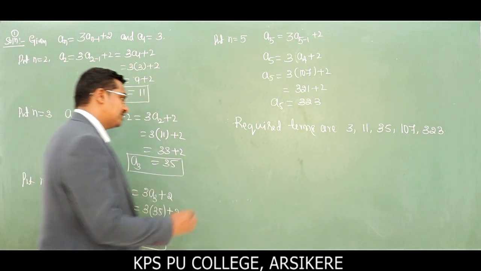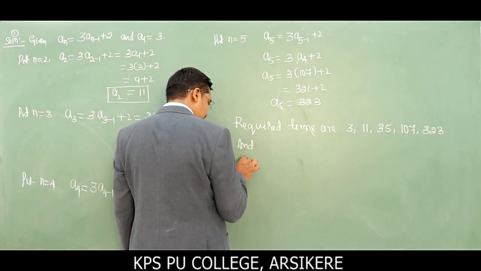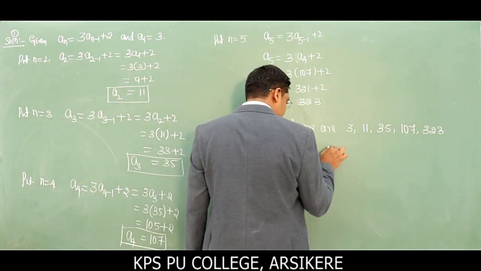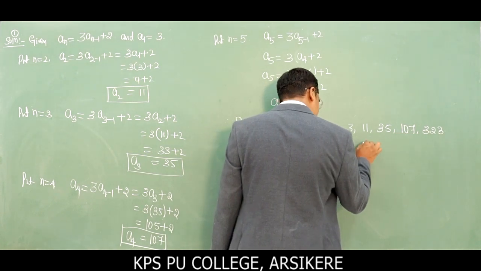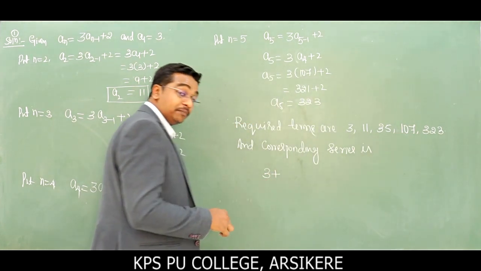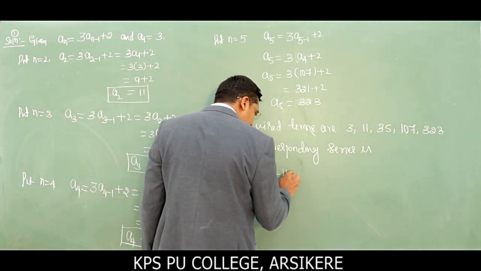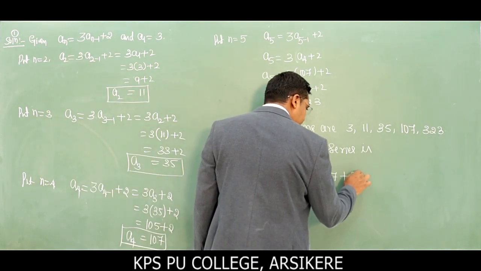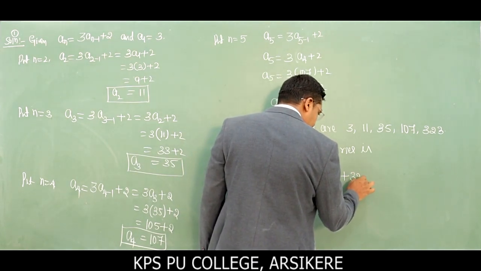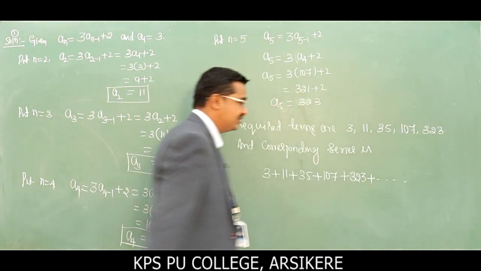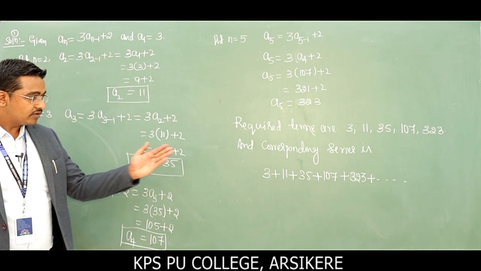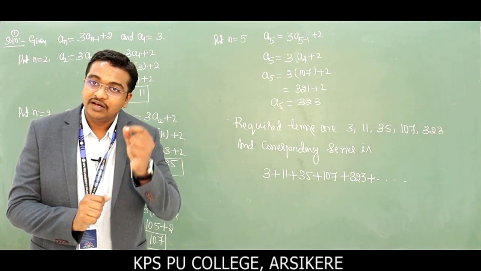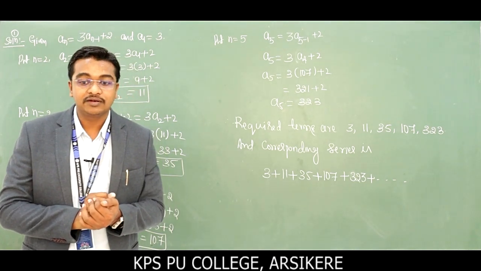And the corresponding series is 3 plus the second term 11 plus the third term 35 plus the fourth term 107 plus the fifth term 323 plus and so on. This is what we call a sequence and a series. Take a pause and note down all the things I have written here.